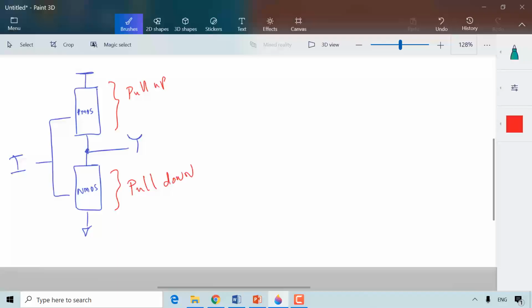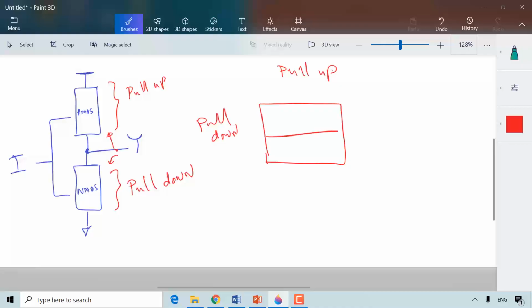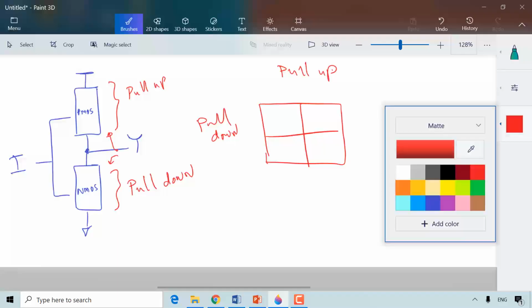This is pull-up because it pulls the output to a value of VDD, charges the output to VDD, and it becomes logic 1, and pull-down because it pulls the output to 0 volt, and the output becomes 0. So this is my pull-up and this is my pull-down, and each of them has two cases.